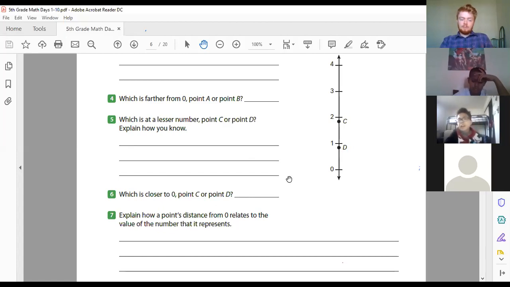Can you say that again? So Jay, D is 0.8 and C is 1.8. How do I know that? Because D is under 1, and you see 2 is the same place that 1 is, where D is. Okay. Good job, Jay.